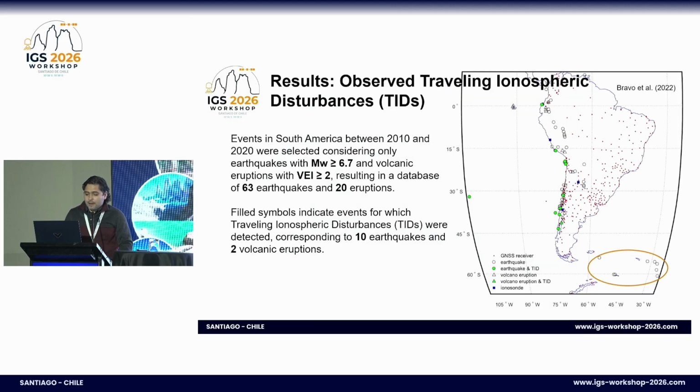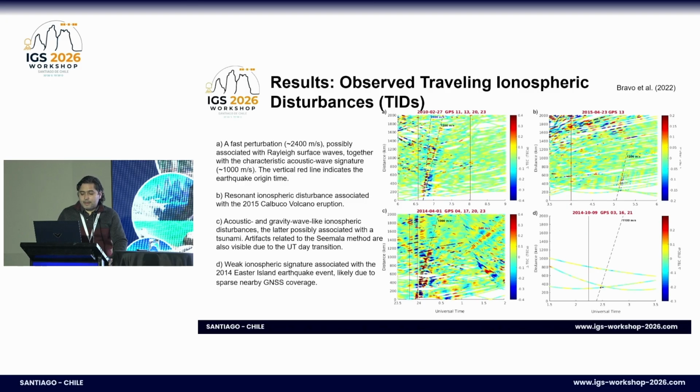Then, for 63 earthquakes, only 10 earthquakes have an observed TID, and for volcanic eruptions, only 2 with an observed TID.